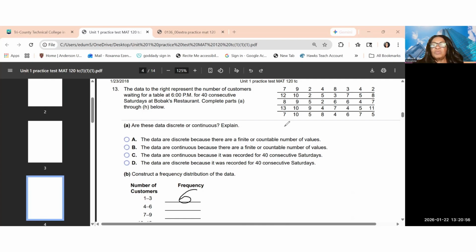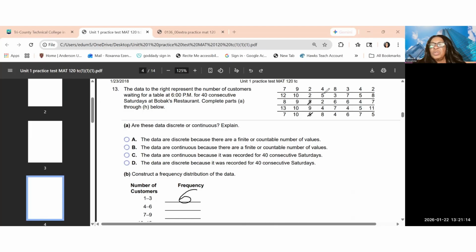The next one says from 4 to 6. It's not in this column, not this one. 5 is between 4 and 6.